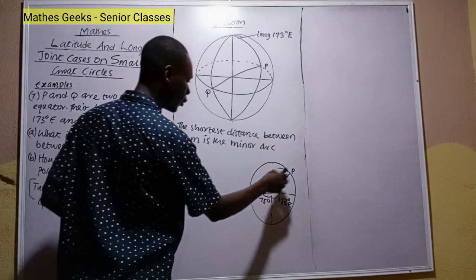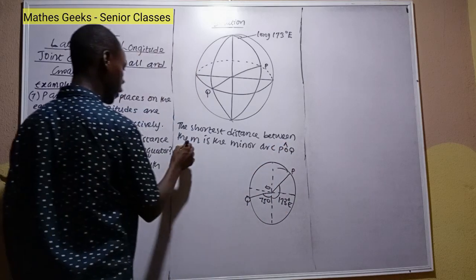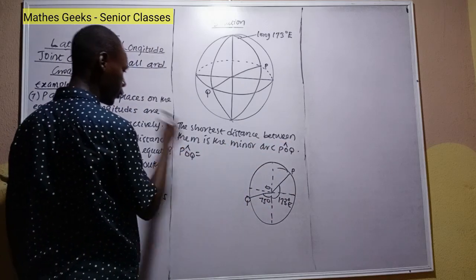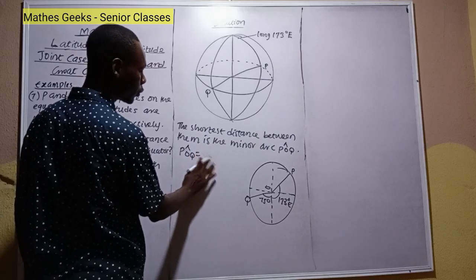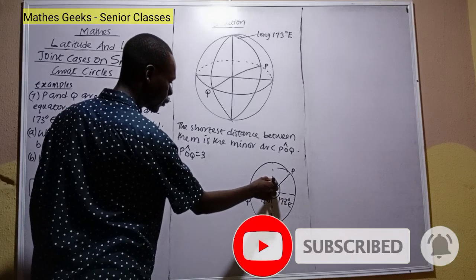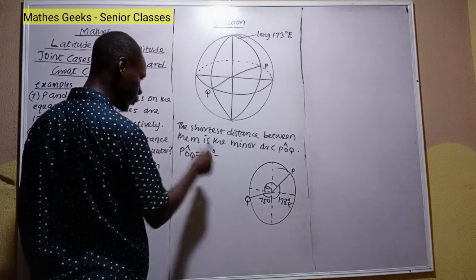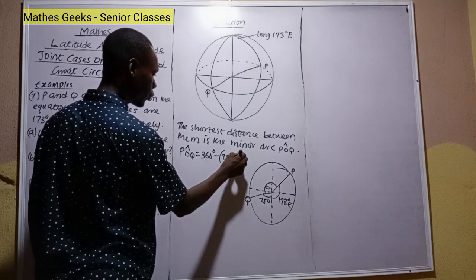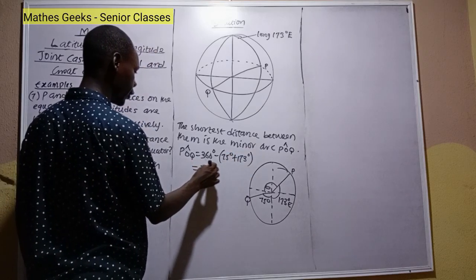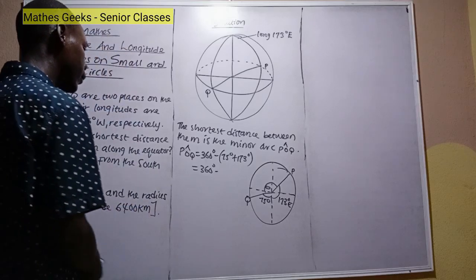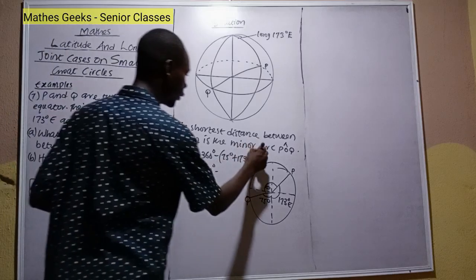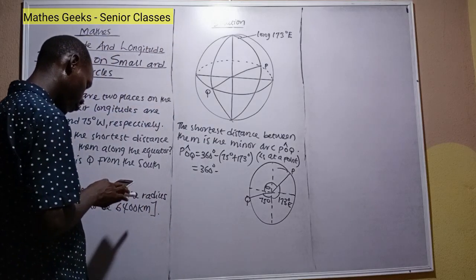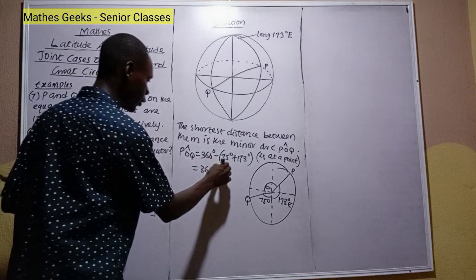It's the minor arc POQ, and angle POQ is equal to 360 degrees, that is angles at a point, minus 75 degrees plus 173 degrees. 75 plus 173 is 248 degrees.